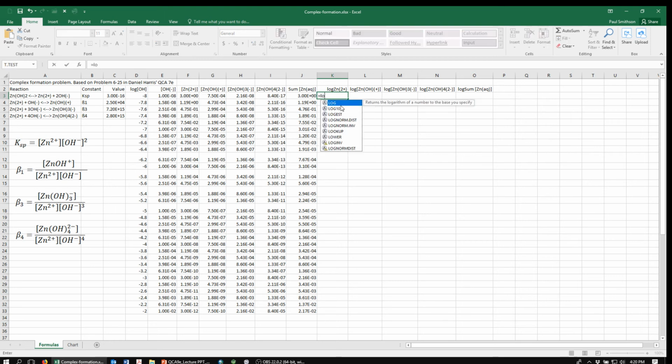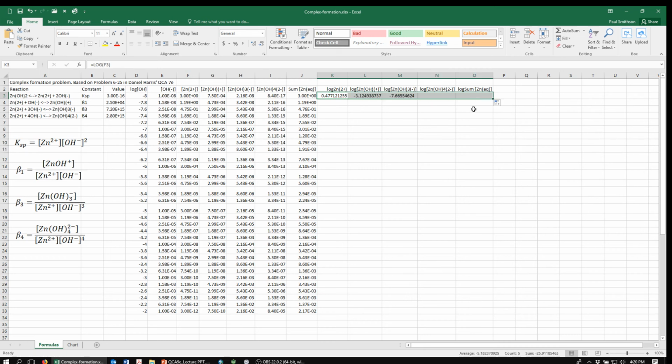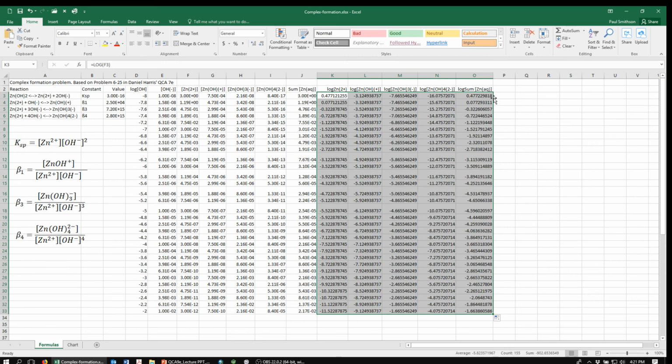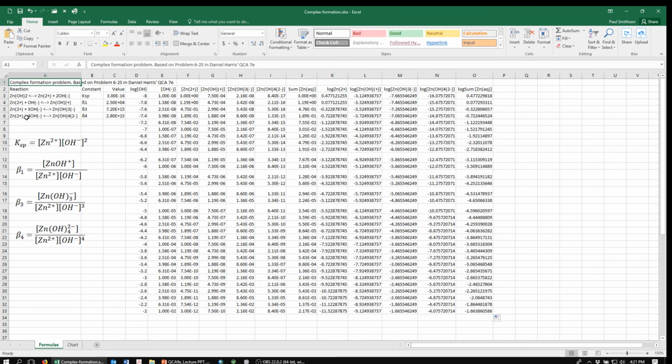So we're going to do the base 10 log of zinc ion, and we can copy that over. We'll just copy everything there, and then we'll copy down, and we've got everything we need, I do believe.